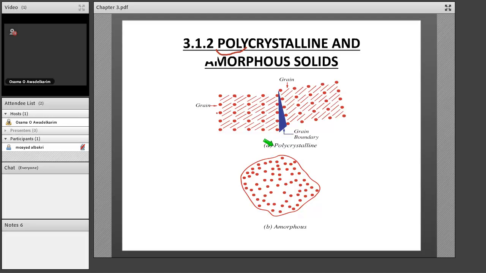Amorphous means there is no regularity, no uniformity, no long range order. Everything is random. All points or cores are randomly distributed in space. This is called amorphous. And again, we get solids that have the amorphous structure.